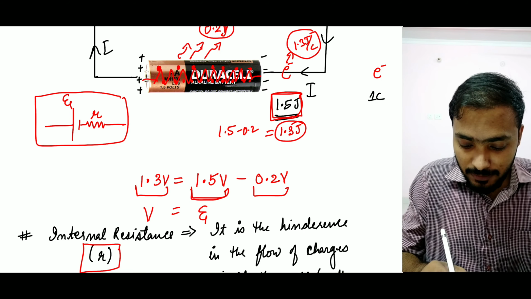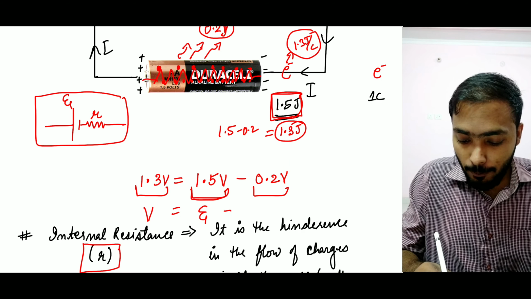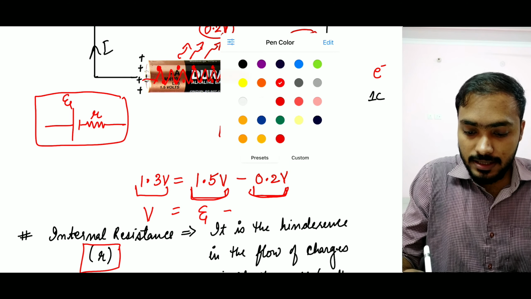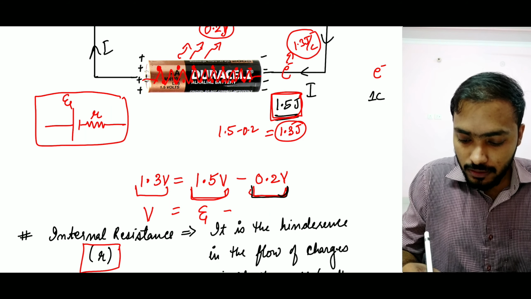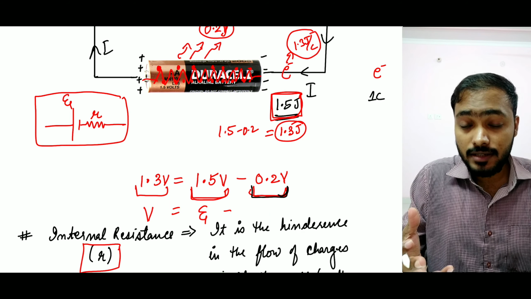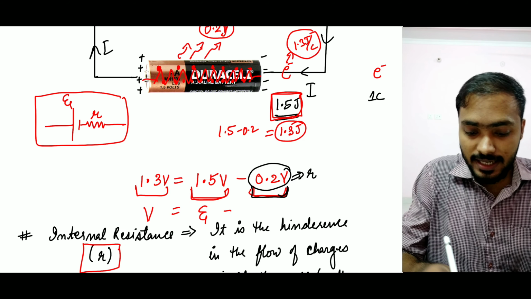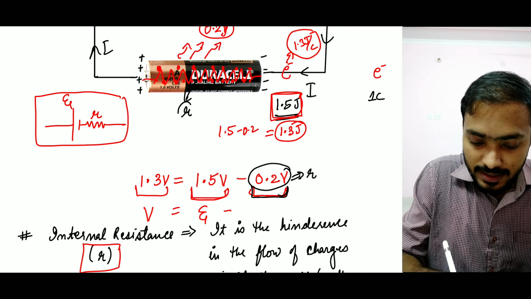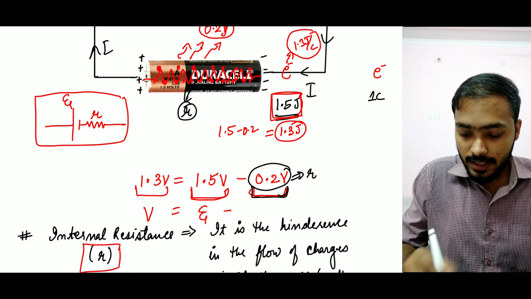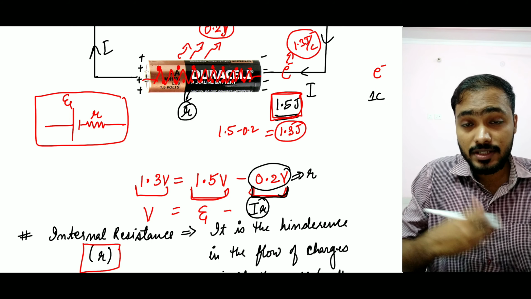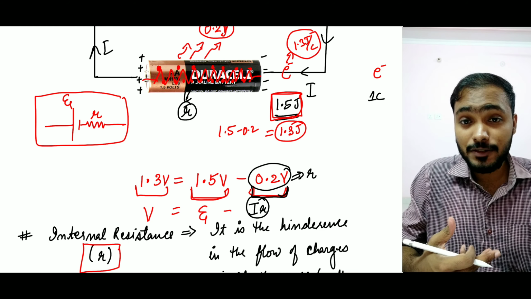So this is my EMF, that is your 1.5 volt, minus this, which is also some potential difference, right? Now this is because of the internal resistance. So can I say there is some internal resistance r over here. So can I say this is some I times r as the potential which is being lost in the form of heat? Yes or no?